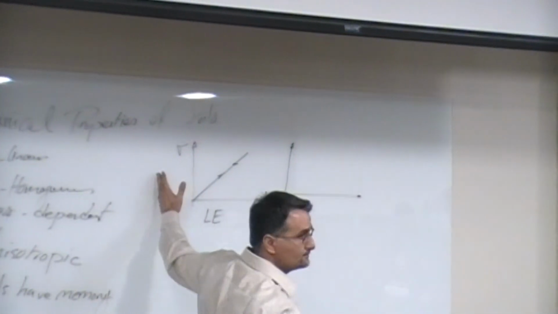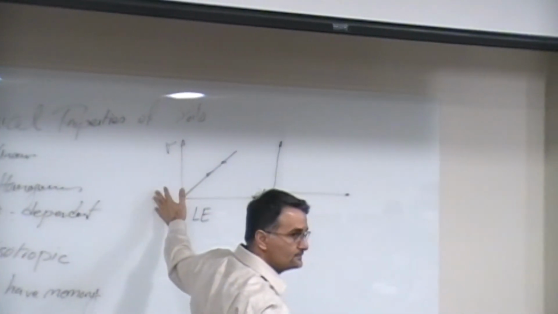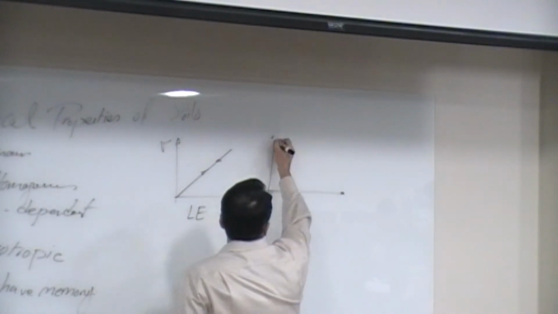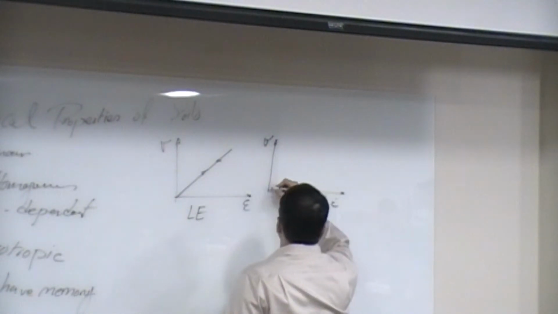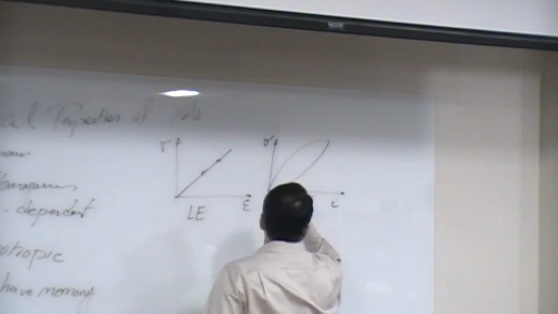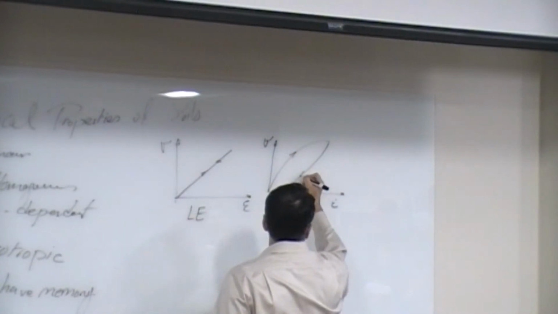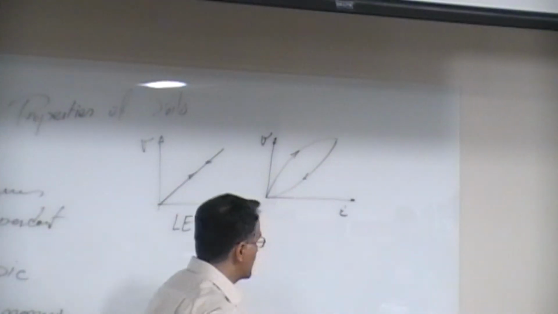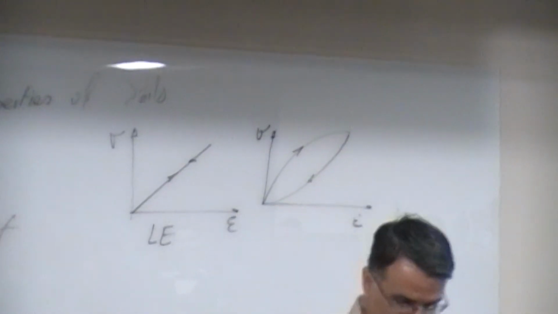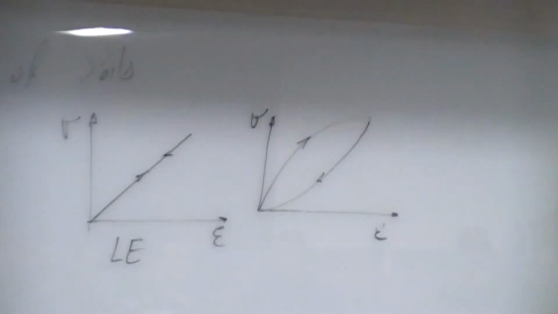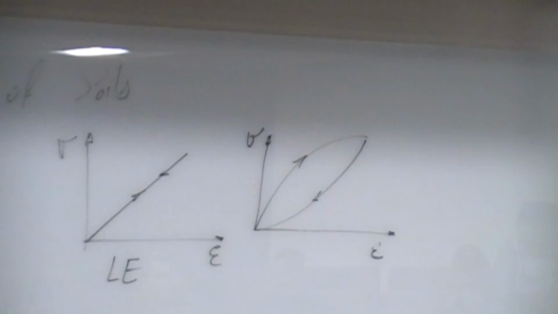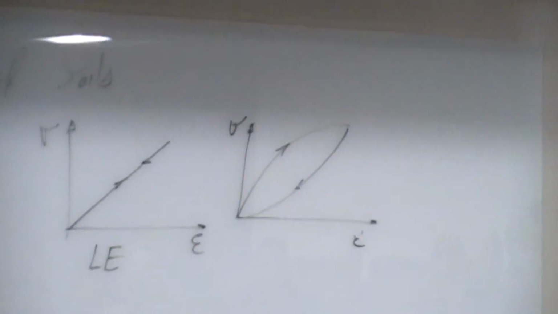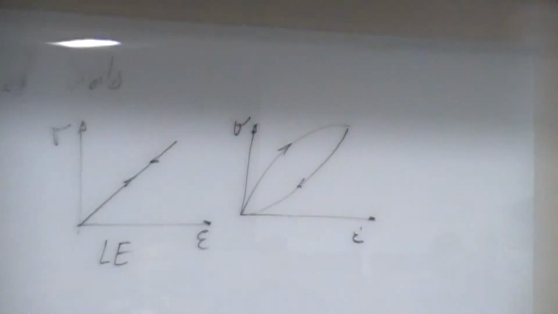All right. Is soil like this? Does soil behave like this? No. This is the path of loading, and this is the path of unloading. What kind of material am I dealing with here? You have to tell me two components. Is it linear or is it nonlinear? Nonlinear. So all the deformation went all the way back to the origin.